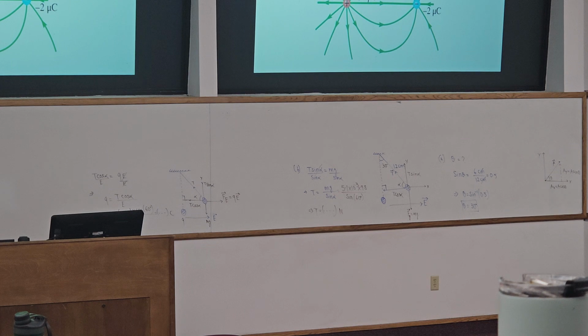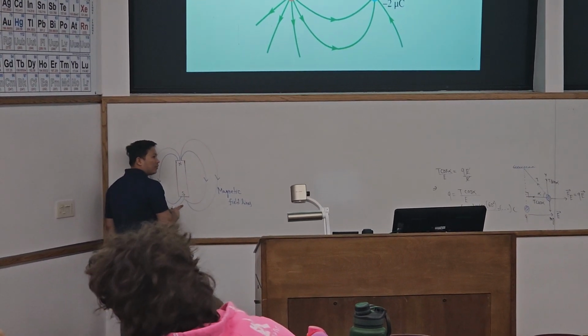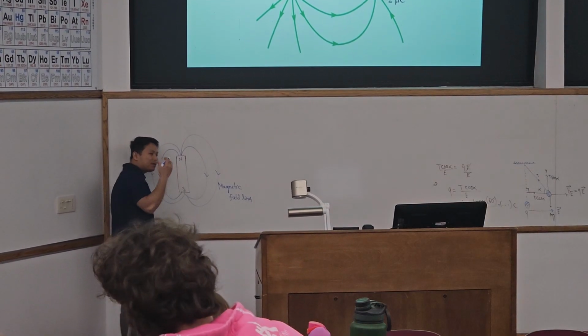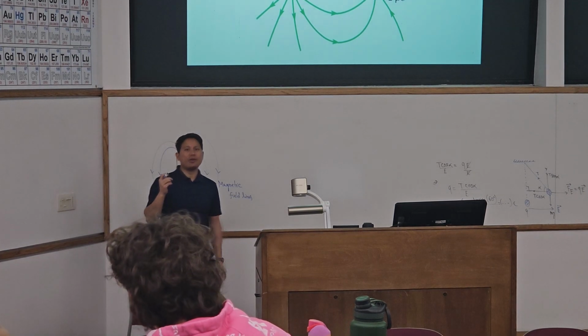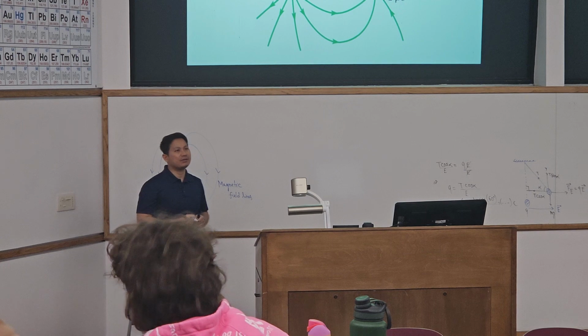This is called magnetic field lines. The magnetic field lines originate from the North Pole and go to the South Pole. They give the direction of the magnetic field at any point. This is how you define the magnetic field direction.